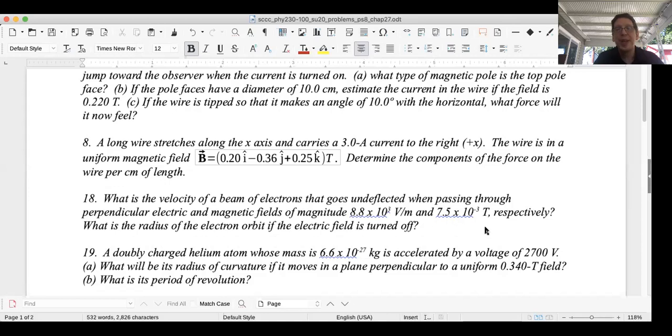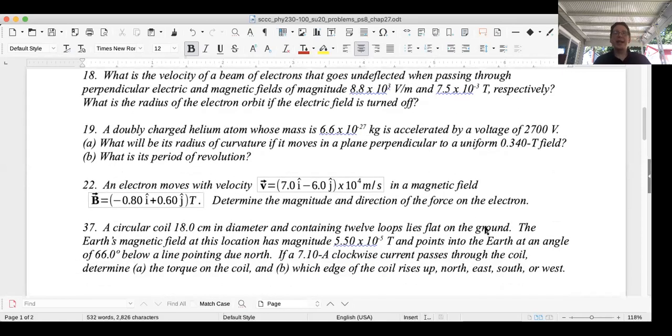And so that should give you enough information to figure out what the velocity of the electron has to be. And then, what is the radius of the electron orbit if the electric field is turned off? So you turn the electric field off, and then it's only the magnetic force acting, so it's going to cause the electrons to move in a circle. So with that, what's the radius of that circle?